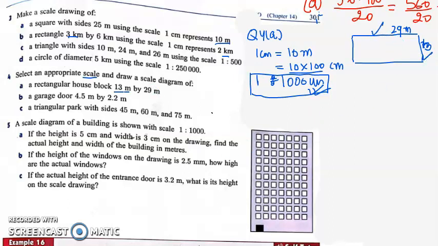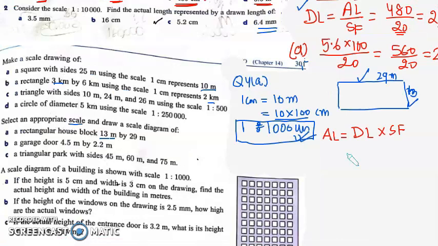As we have the formula, actual length is equal to drawn length times scale factor. But we have to find the length that is to be drawn on the paper. Actual length is 29 meters, and the scale factor you have found to be 1000.